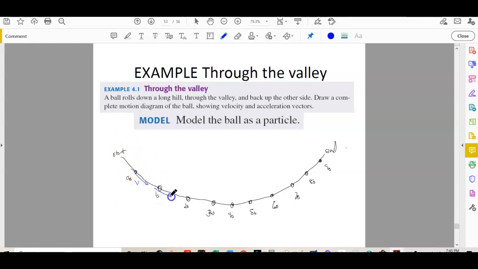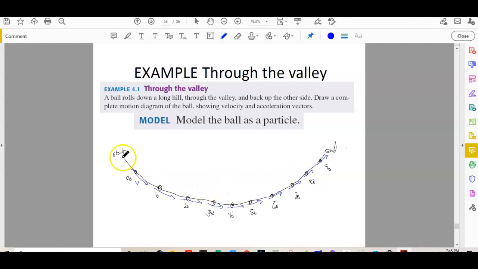At this point, it looks like it's moving that way. This point a little bit more. This point a little bit more. Here, it looks like it's level. Here, it looks like it's moving up and to the right. More up and to the right, more up and to the right, and more up and right.